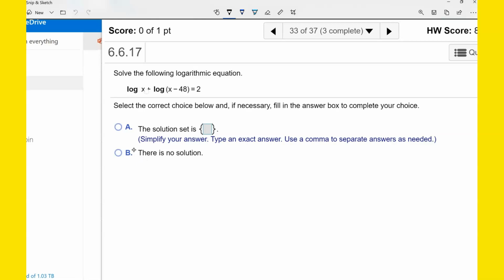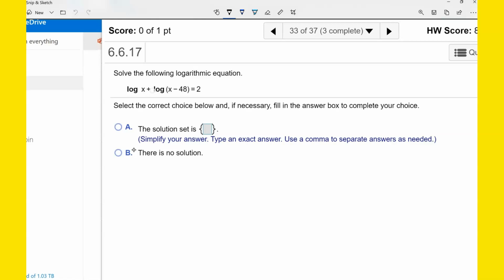See, this equation has 2 logs in it, and so what I would like to do, the best way to do this, I think, is to condense these 2 logs into a single log, and then I can get rid of that log. But I can't get rid of both of those logs at the same time. So I'm going to condense them into a single log using what I've already shown you how to do.